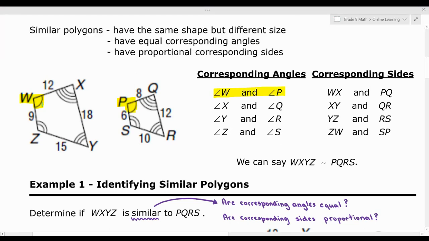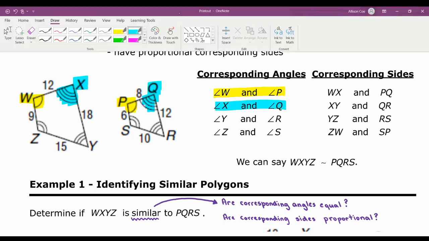Then I'll go in a clockwise direction. It doesn't matter, you can also go counterclockwise. Angle X has 4 little tick marks, and that matches up to angle Q, which also has 4. So those two angles are equal.